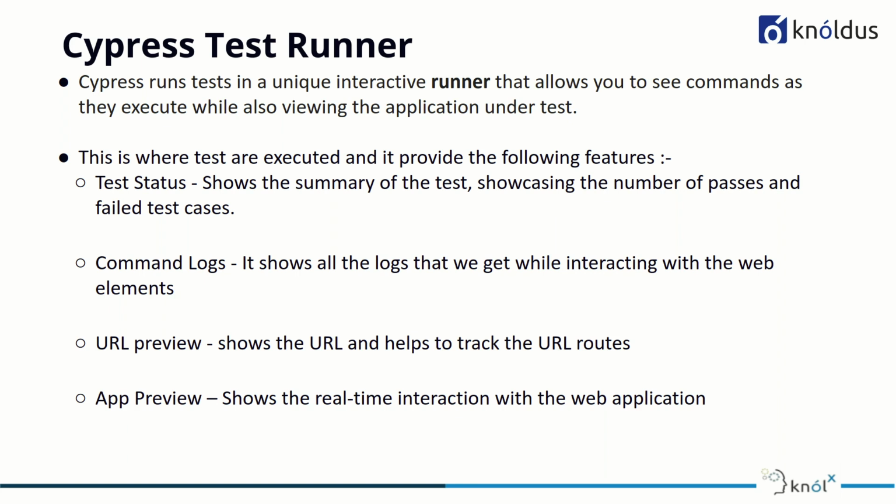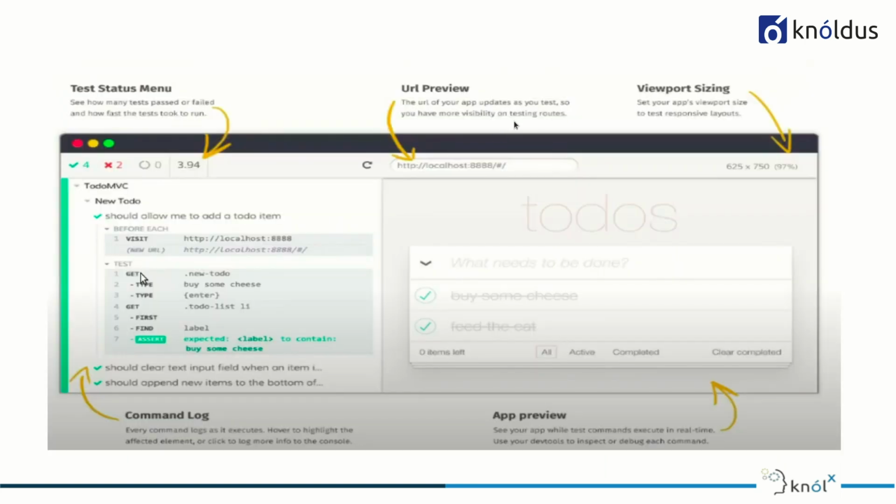It showcases the real-time behavior of the web application subjected to our test, and it has a number of features that give a real-time status of the execution. I hope the image is not that blurry, but we have the test status menu. It shows the summary of the test, like the number of tests that have passed or failed, the time of their execution, etc.